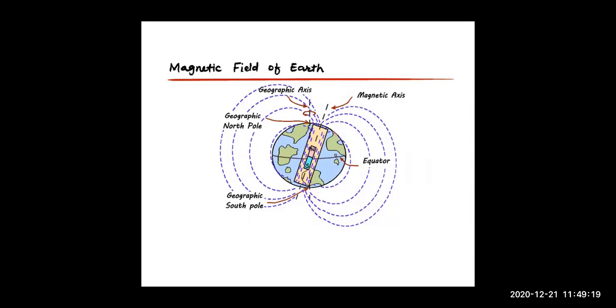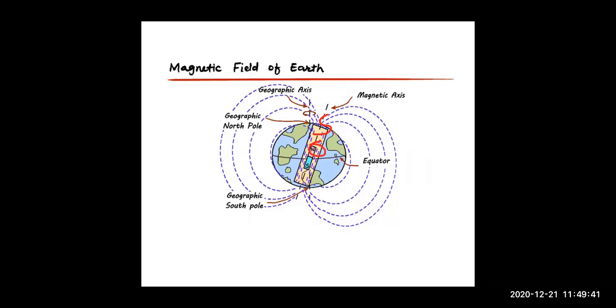Now children, we know that here we have a small bar magnet. Now this is the north pole. As it is freely suspended, it aligns itself in this position. It means that there must be some south pole over here which is attracting the north pole of the bar magnet towards it.